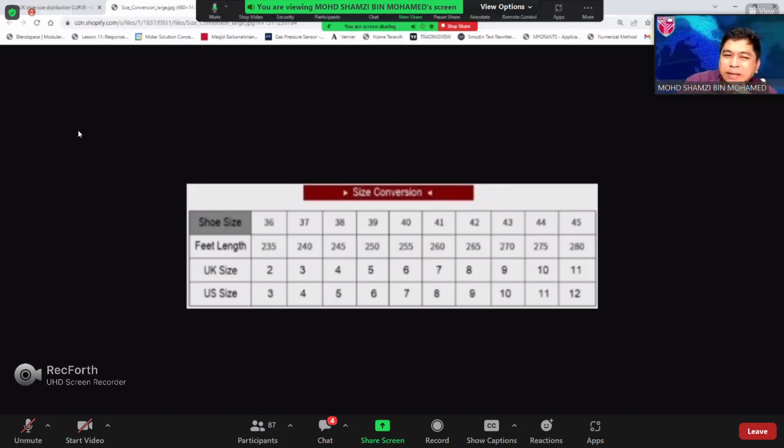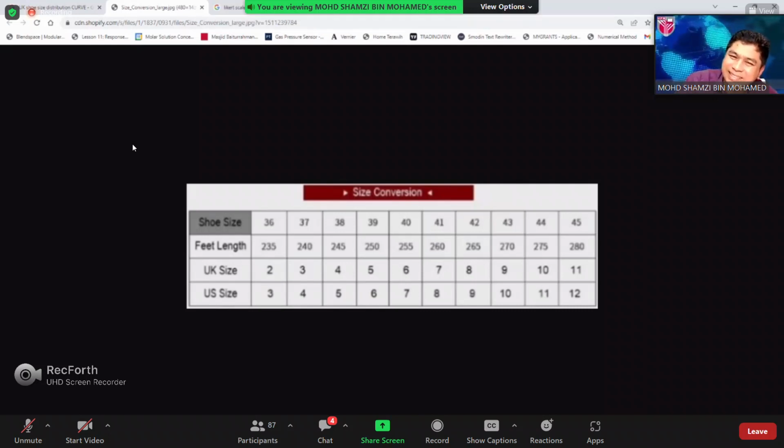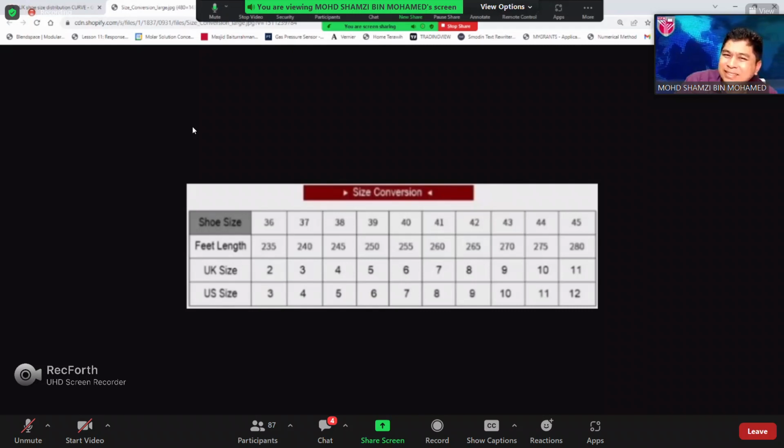Household income does not follow normal distribution. Why? Maybe that's why we have B40, M40, and then what? What is T? T20.